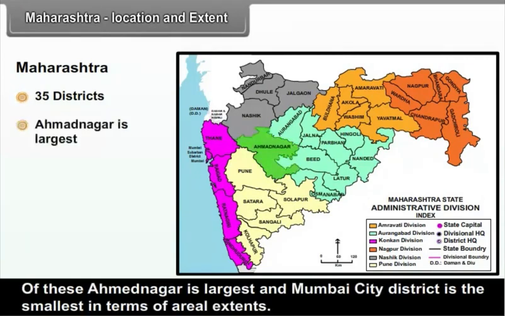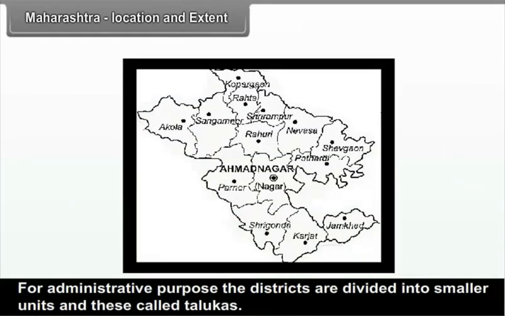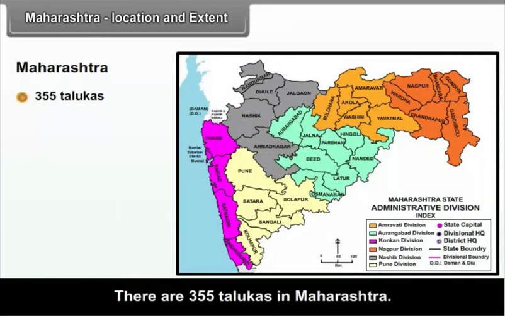Of these, Ahmednagar is the largest and Mumbai city district is the smallest in terms of areal extent. For administrative purposes, the districts are divided into smaller units called talukas. There are 355 talukas in Maharashtra.